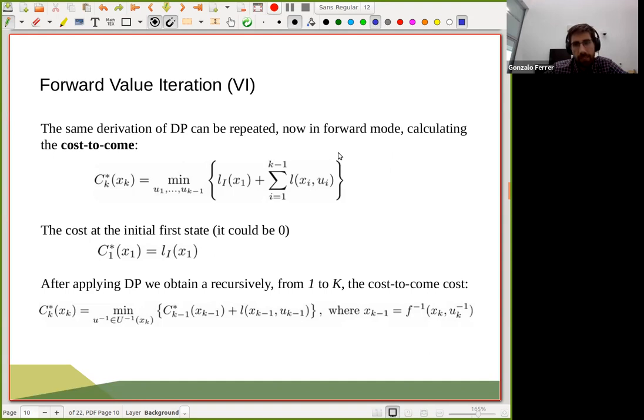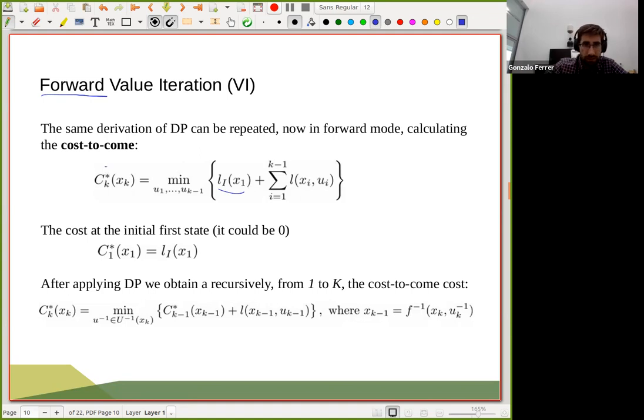Okay, what else? If you prefer, you can also redefine value iteration to be forward value iteration. In this case, we start in the initial position, and then we just count the cost of each action that we take in this trajectory.